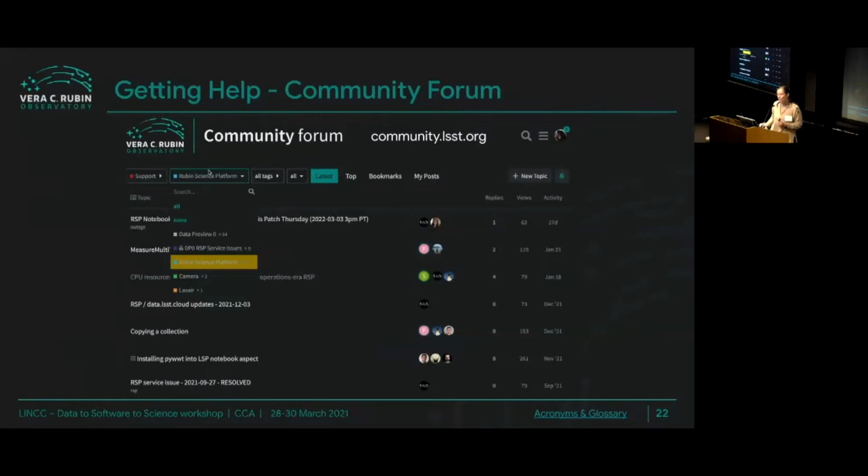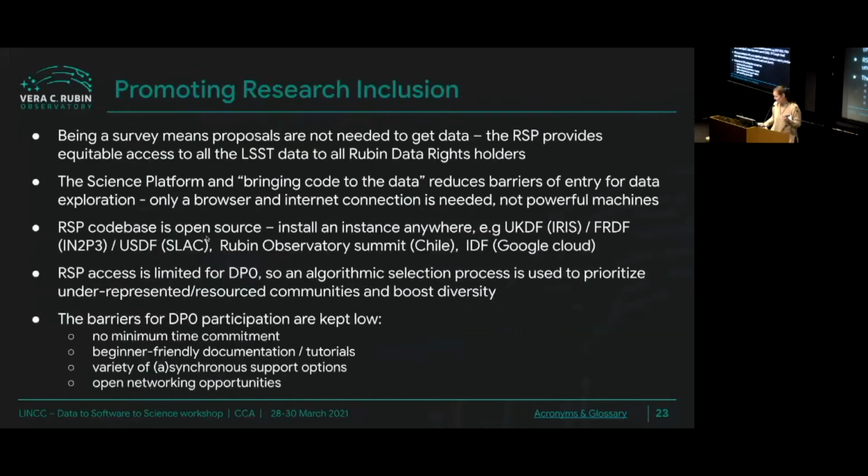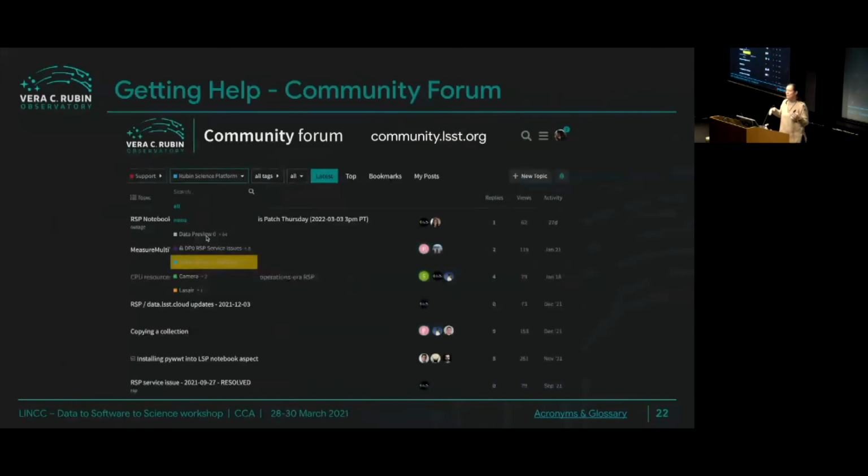If you select Support, Rubin Science Platform, there's also support for DP0.2, sorry, for all of the data previews. This is where you should go to ask questions, find out information, and share information. We're building up a community here so that everyone can help everyone, rather than have a help desk, which typically ends up with bottlenecks. This open forum will help everyone to share their experiences and for the community to help each other.